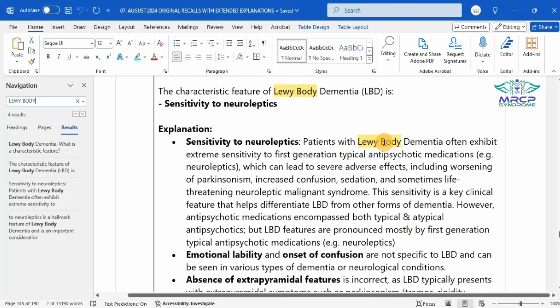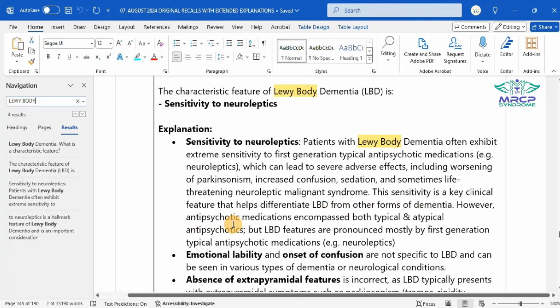Patients with Lewy body dementia often exhibit extreme sensitivity to first generation typical antipsychotic medication, meaning the neuroleptics, which can lead to severe adverse effects, including worsening of Parkinsonism, increased confusion, sedation, and sometimes life-threatening NMS. This sensitivity is a key clinical feature that helps to differentiate LBD from other forms of dementia.